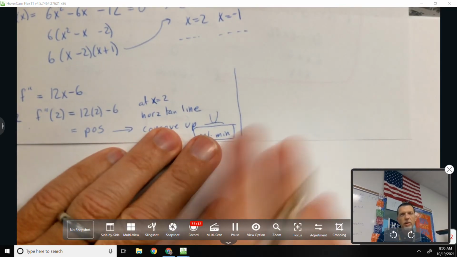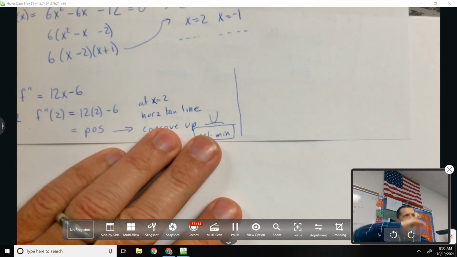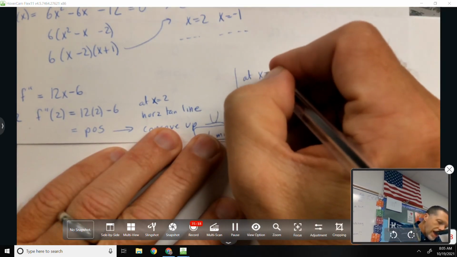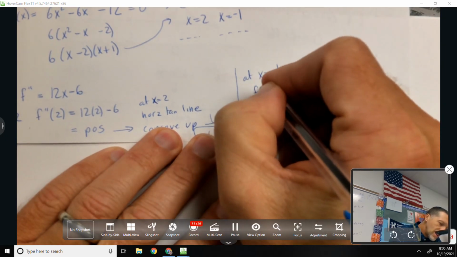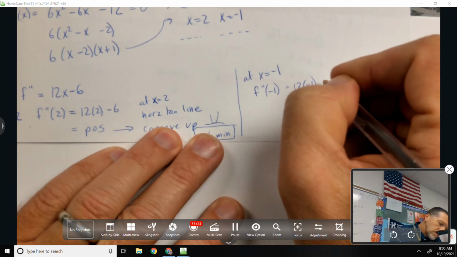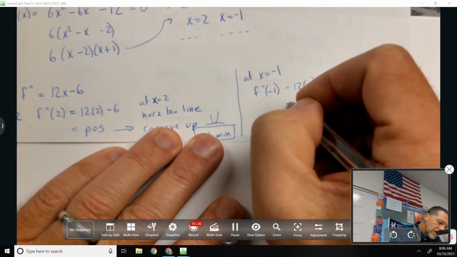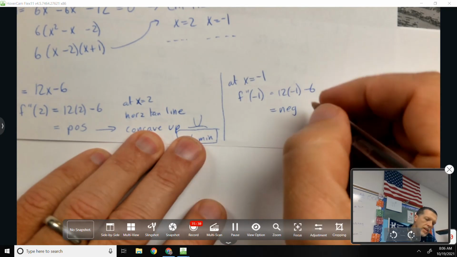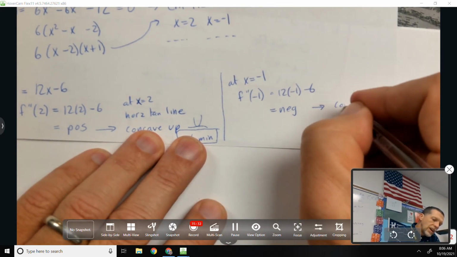First derivative 0 means I've got a possible max or min. It's concave up versus concave down. At x equals -1, 12 times -1 minus 6 is negative. So that means we are concave down.